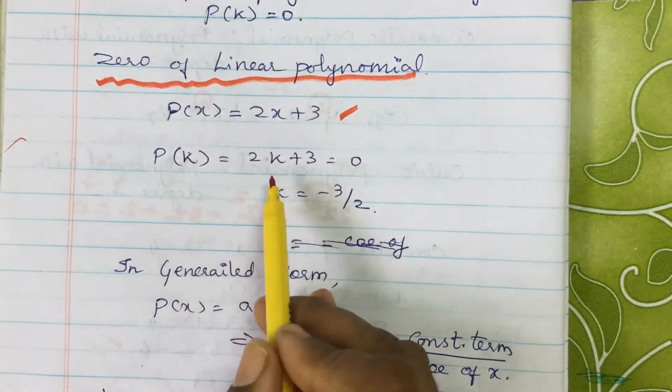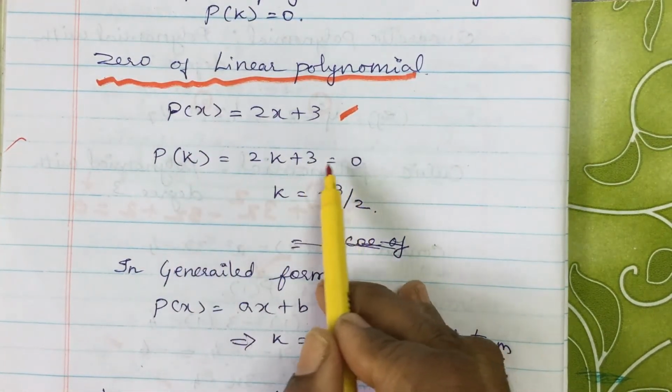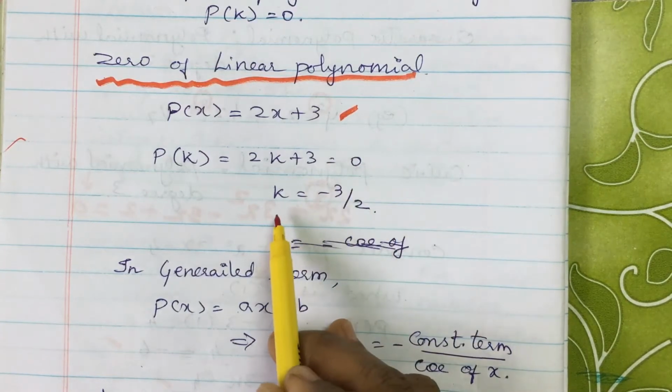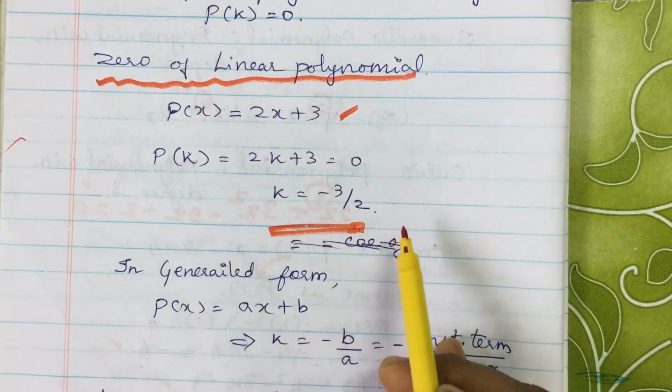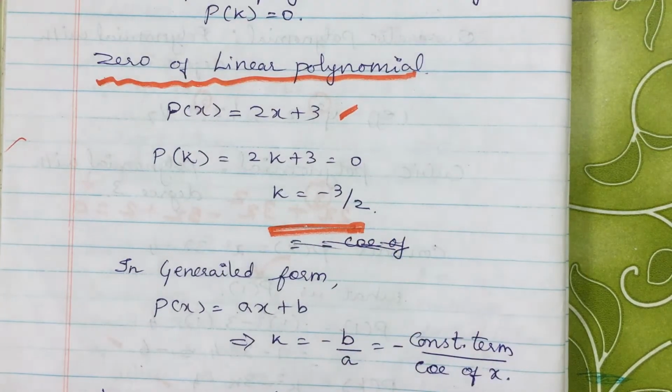So wherever x, I am replacing it with k, and then I am equating this expression to 0. So I am getting k is equal to minus 3 by 2. So with this, what I could understand. So whenever my x becomes minus 3 by 2, the entire polynomial value becomes 0. Then you can say this minus 3 by 2 as the 0 of the given linear polynomial, right?